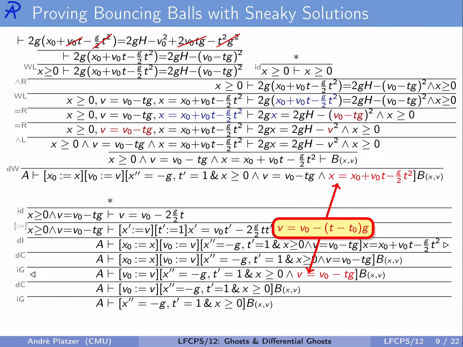But, of course, the actual solution then is going to be v equals v naught minus the change between t minus the initial time, t naught, times gravity. Well, what's the initial time?